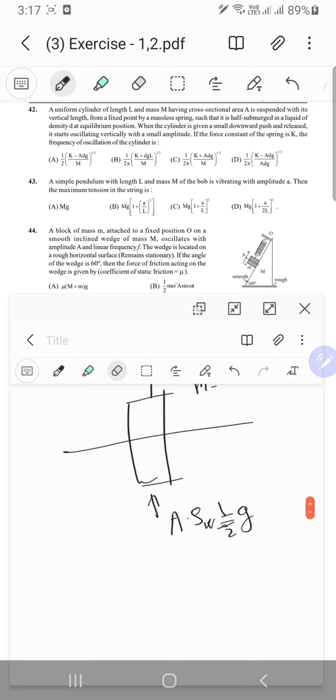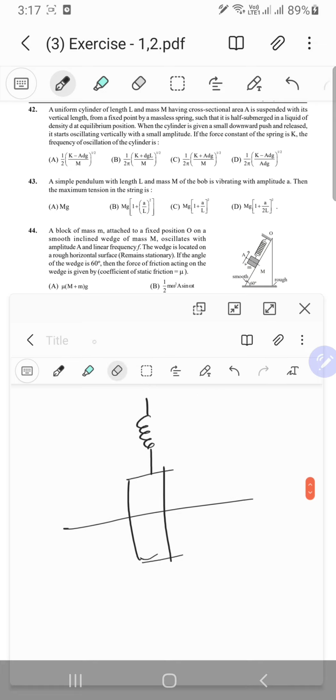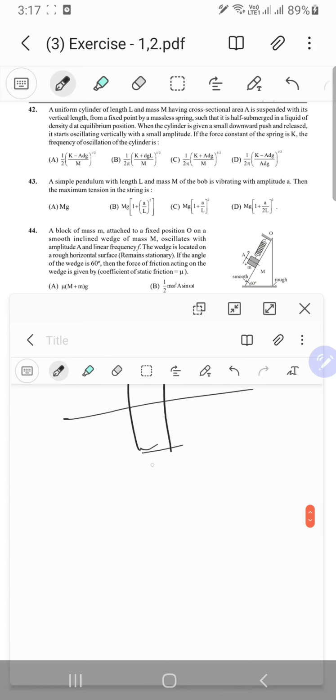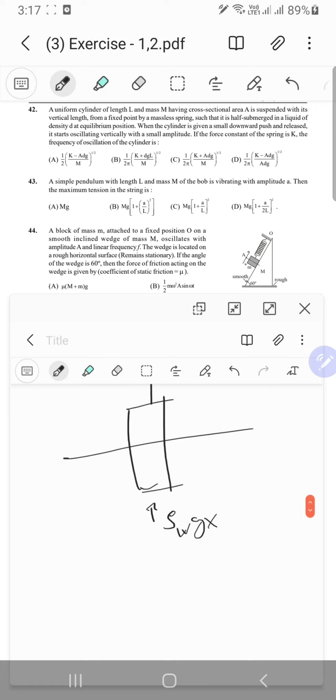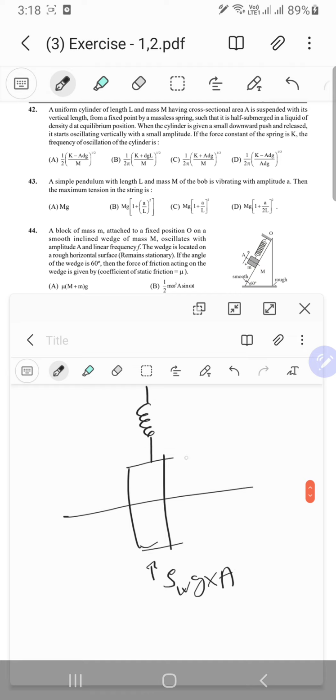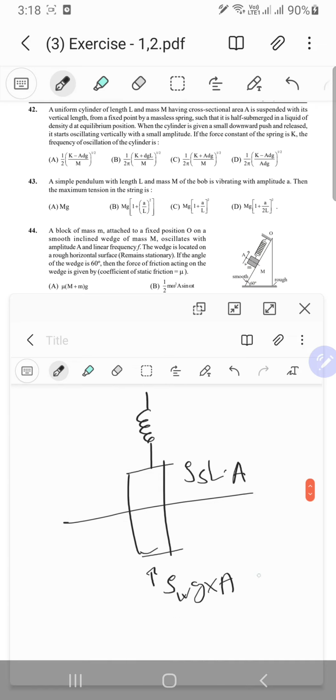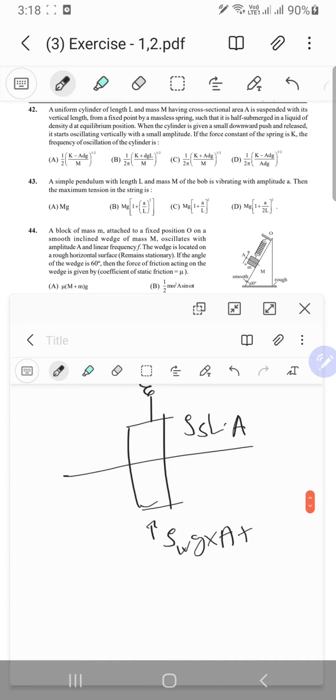Okay, first of all we need to find what happens when it is pulled by x. So that would be rho water g x times A. Its mass is rho solid times its complete length times area, okay, and the spring, so it's going to be plus kx.